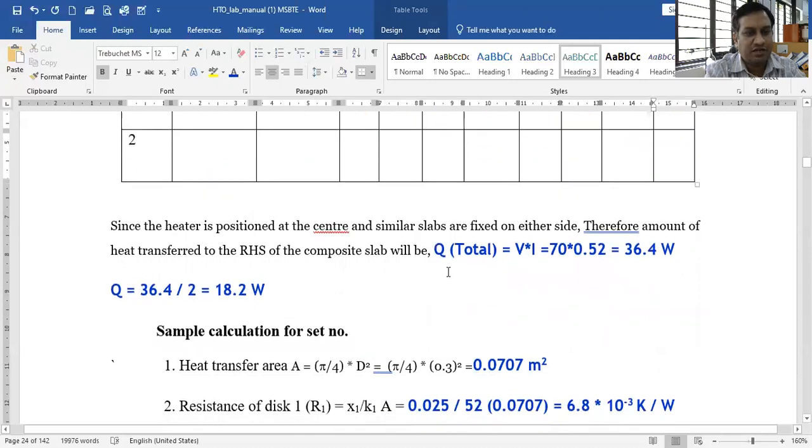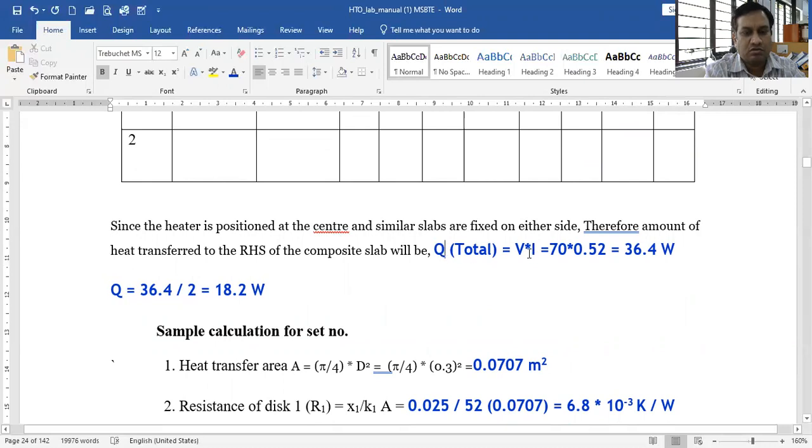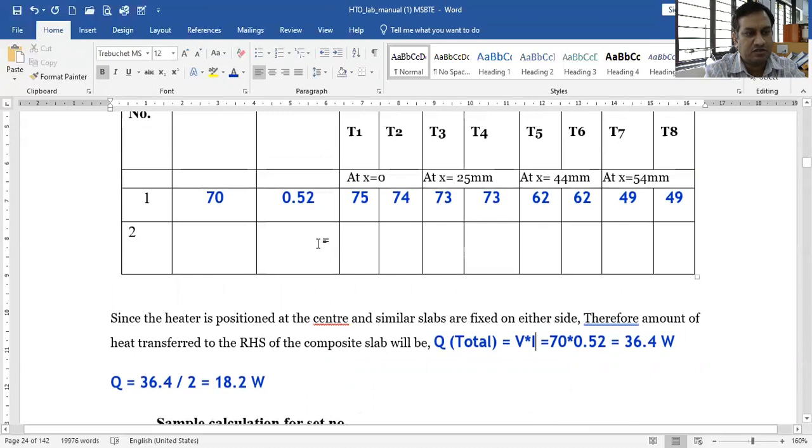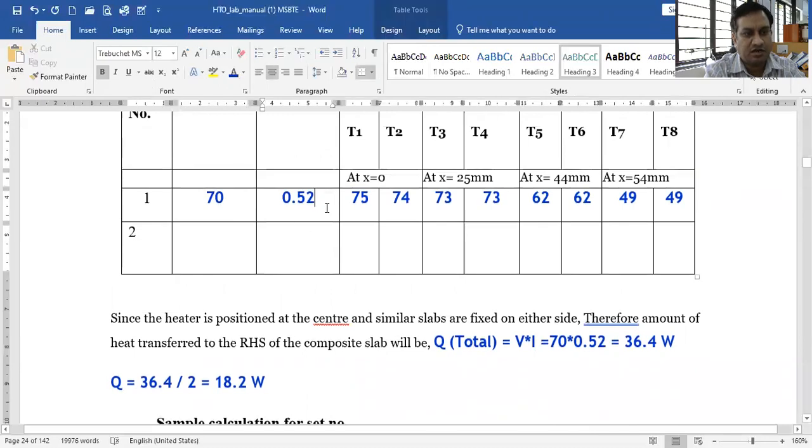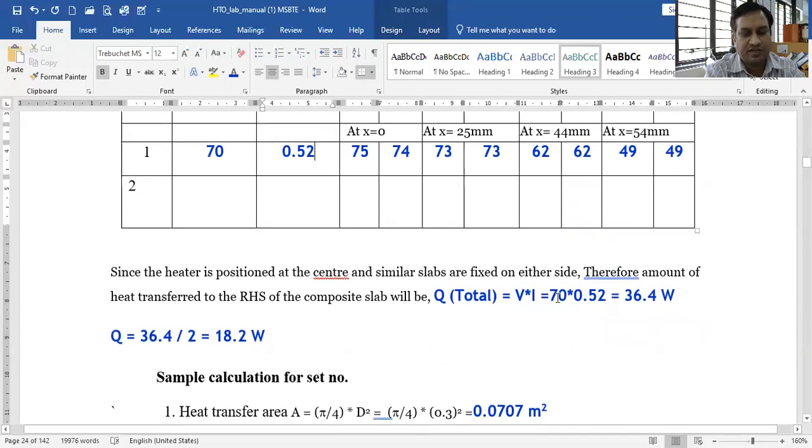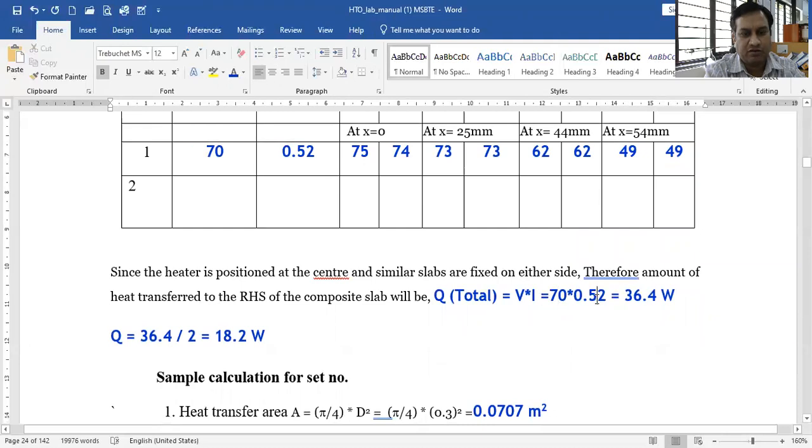Now we can calculate the total heat, that is Q, with the help of voltage and current. We have already observed the voltage as 70 and current as 0.52. So we multiply 70 and 0.52. We get 36.4 watt, that is the total heat supplied.